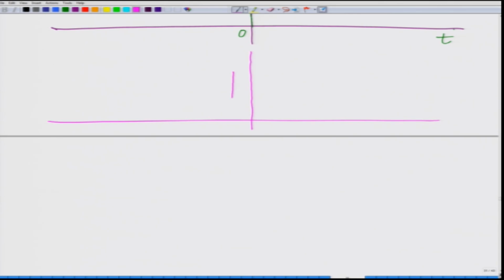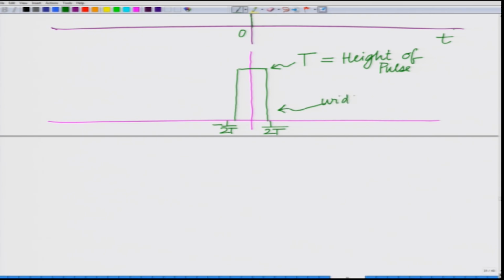The way to understand this special function, which is the impulse, is to think about a pulse which is of height T and of width 1 over T. So, it spans from minus 1 over 2T to 1 over 2T. So, width equals 1 over T. All right.